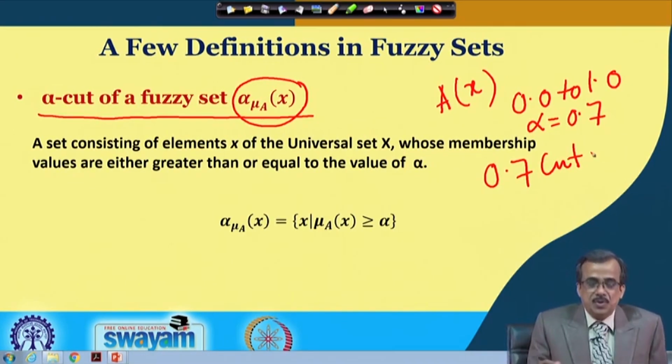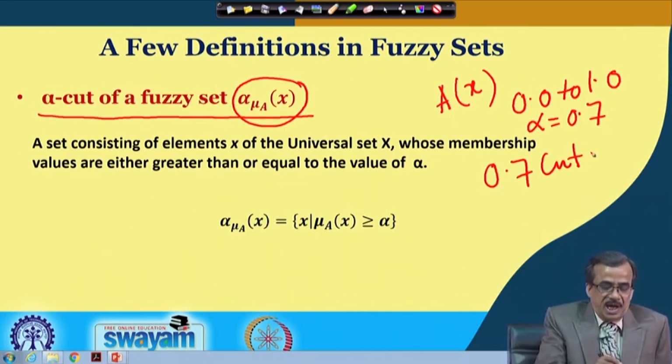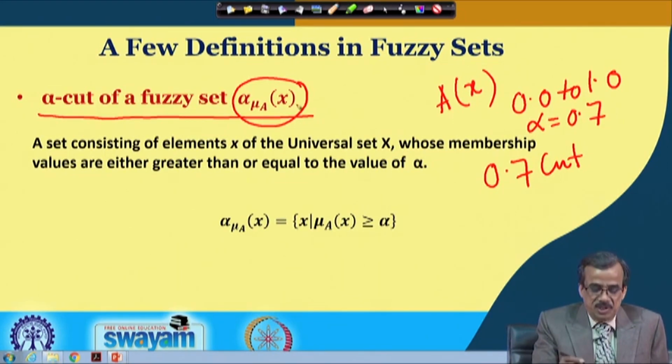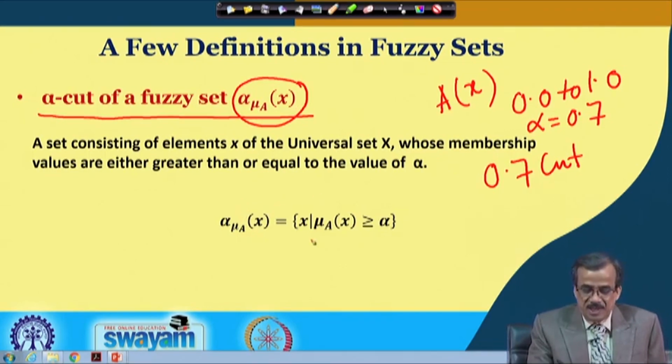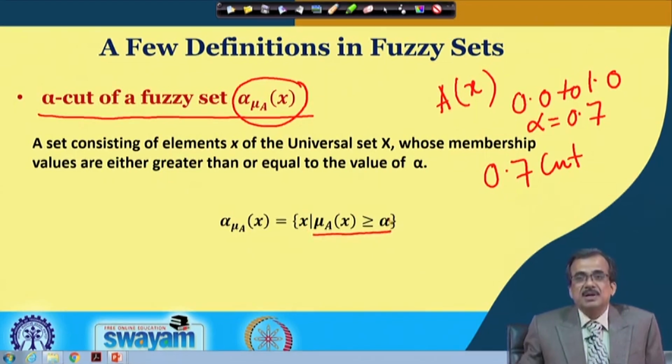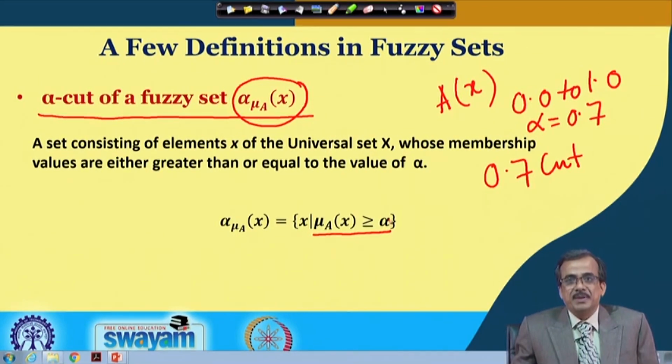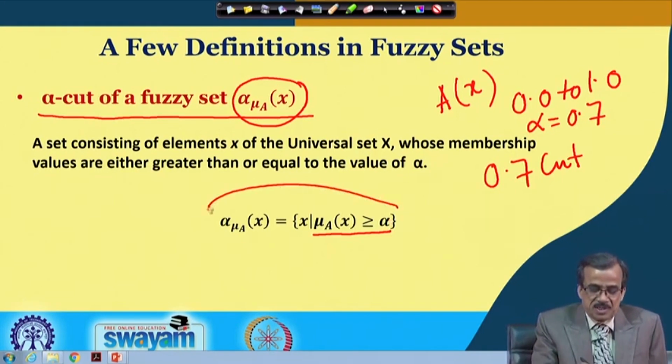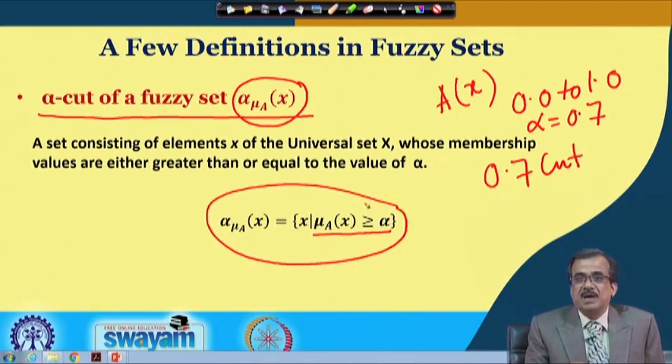Now, let us see how to define it. This alpha cut of a fuzzy set, which is represented by alpha mu A(x), is nothing but x such that mu A(x) is greater than or equal to alpha. So, this is actually the definition of the alpha cut.